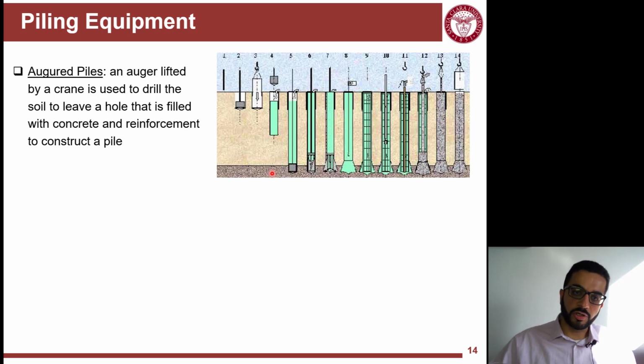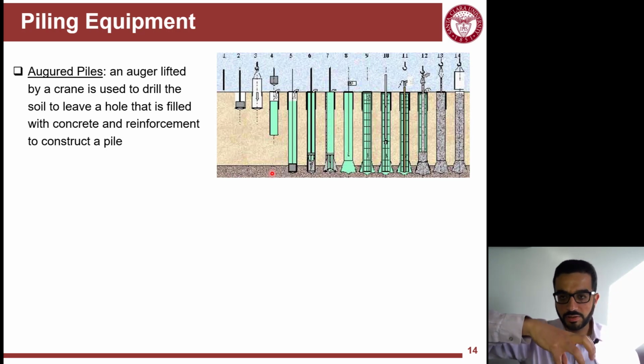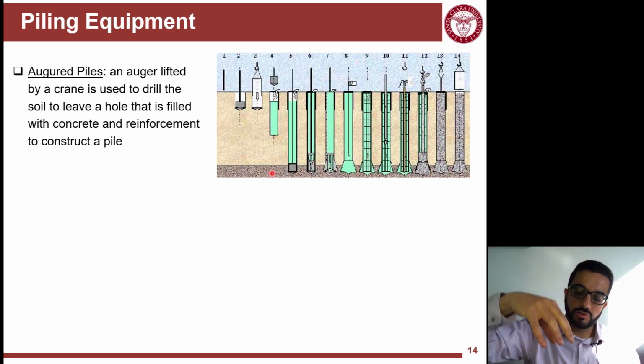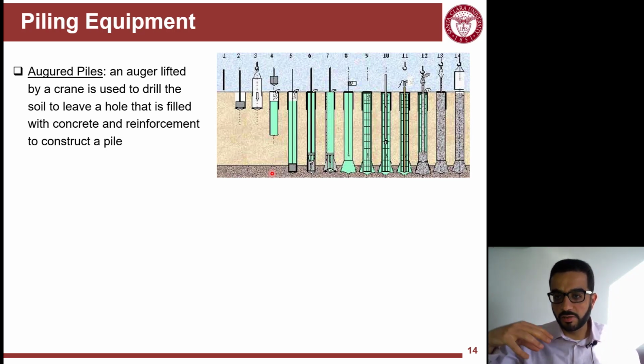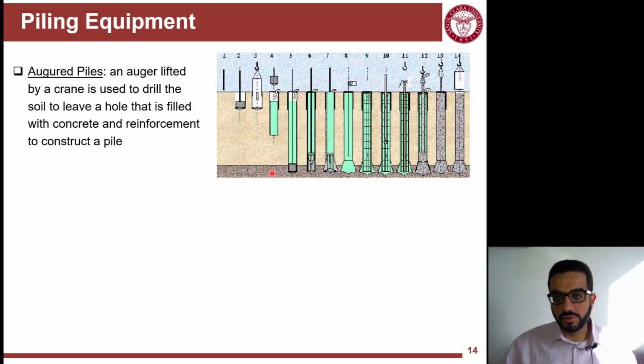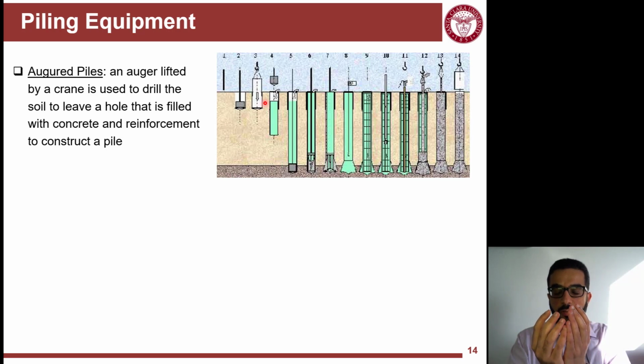Auger piles come from the auger head, so you're drilling into the ground, and they'll lift it up with the soil, shake it, and you keep doing that until you reach the level of the pile depth you want to go down. While you do that, you secure your opening with a steel pipe until the top layer of the pile, because this is typically not a strong soil, so you have to support it with a big steel pipe.